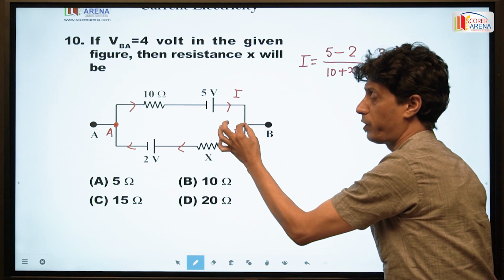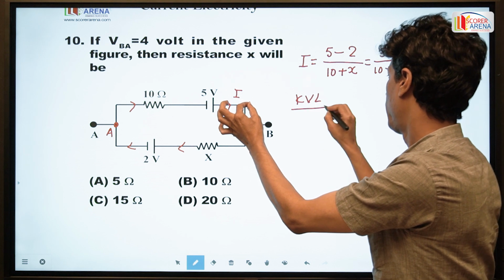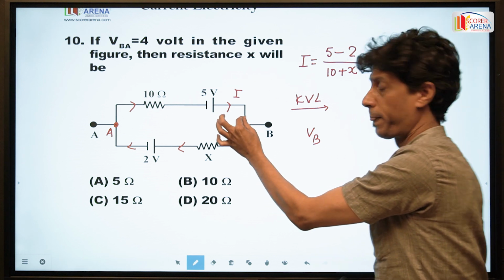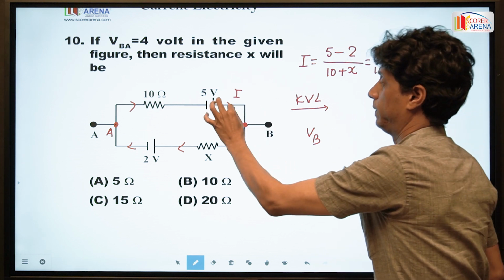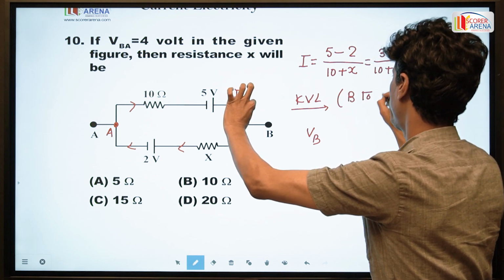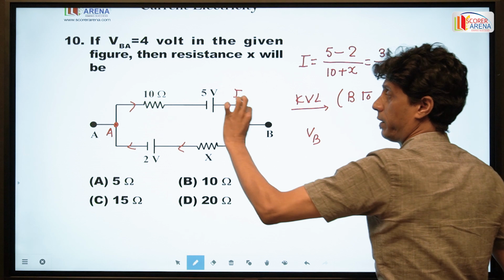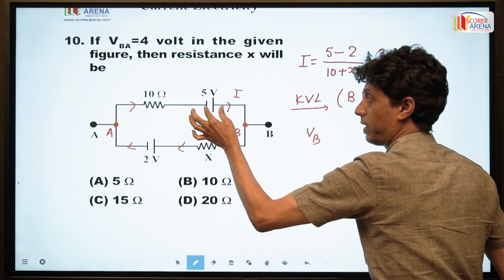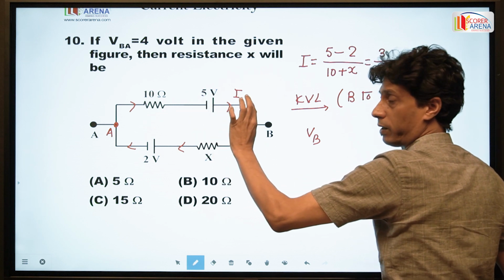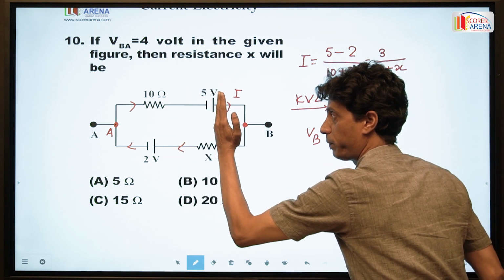So starting from the point B, KVL, VB, the potential of the point, let us say VB, from B to A. If we proceed from B to A in this branch, here the cell of potential difference 5 volt, but from B to A, if we go this way, first we get the positive plate, then the negative plate.